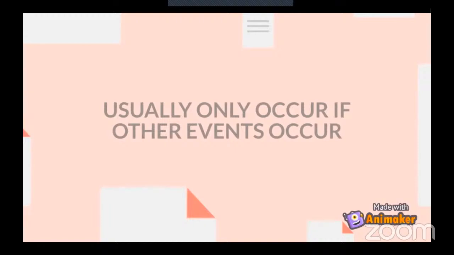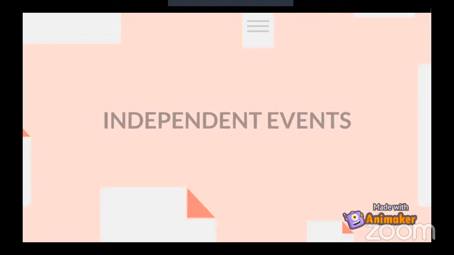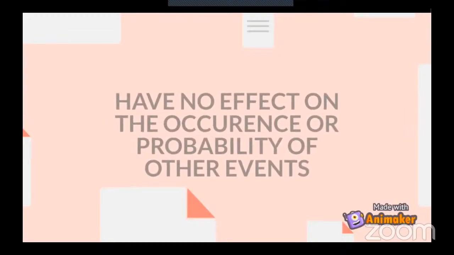More specifically, they usually occur if other events occur. Second, independent events have no effect on the probability of occurrence of other events. Also, their probability of occurrence is not dependent on or influenced by the occurrence of other events.